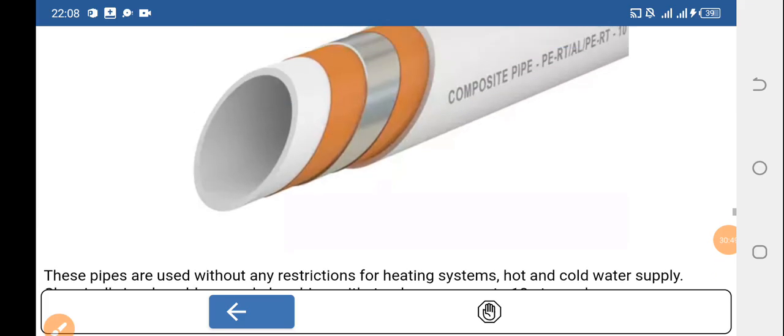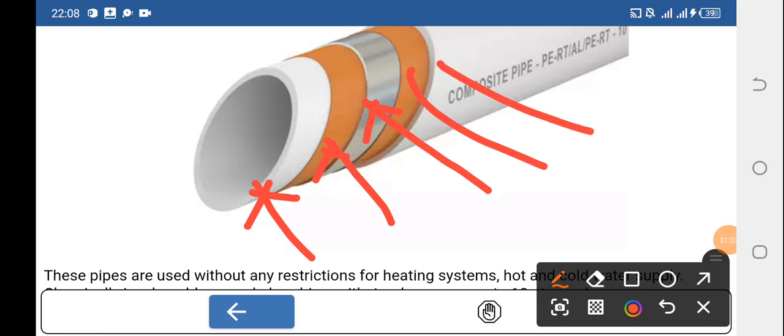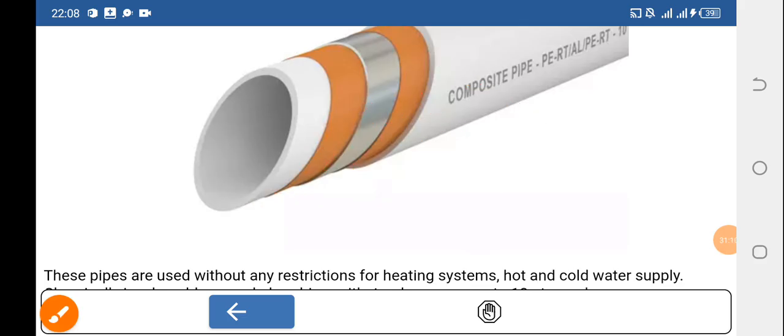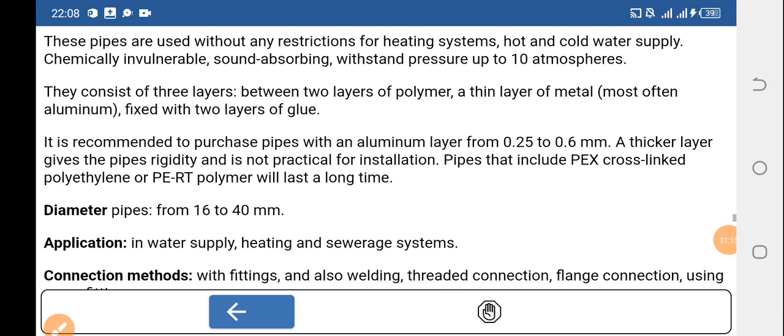So what I'm saying is that you see the first one, it's a plastic, okay, glue there, then metal there, which is aluminium, again glue there, then plastic there. So we see aluminium here, which is actually similar to a metal. So this is how this material is manufactured.